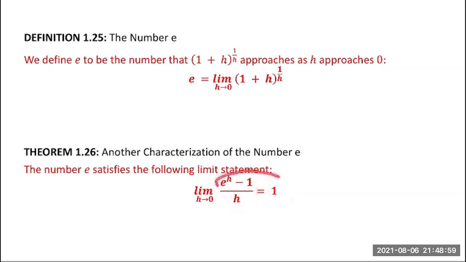We can prove this theorem using this definition. We are not going to prove this theorem in this course, but you need to remember this limit statement: the limit as h approaches 0 of e to the h minus 1 divided by h is equal to 1.